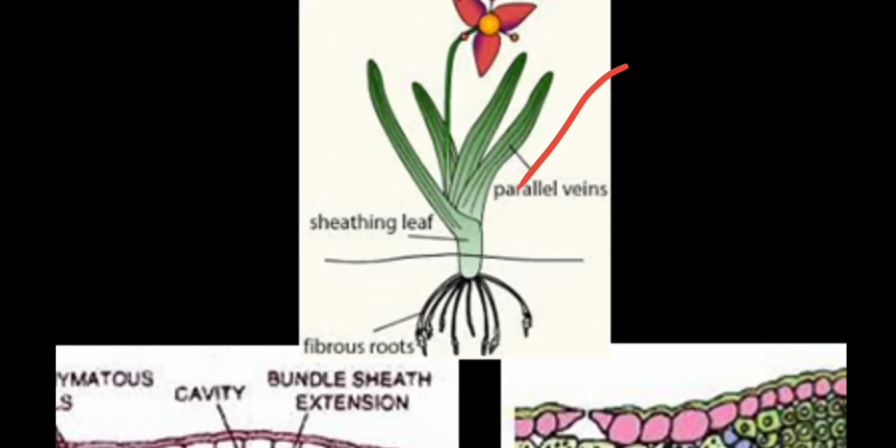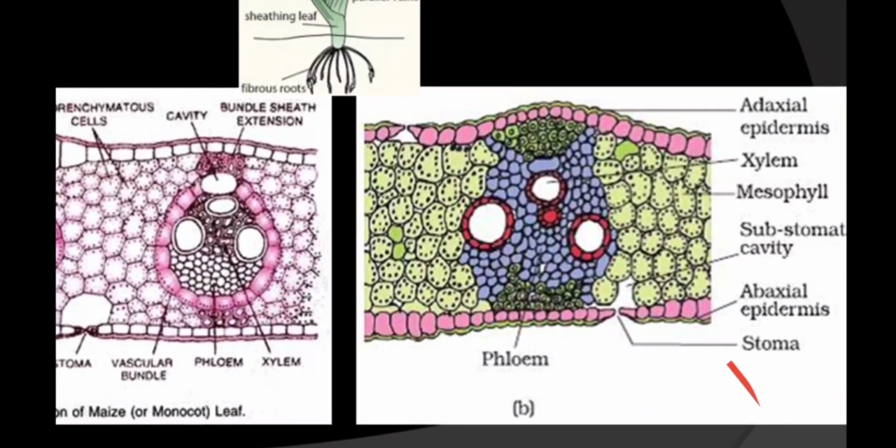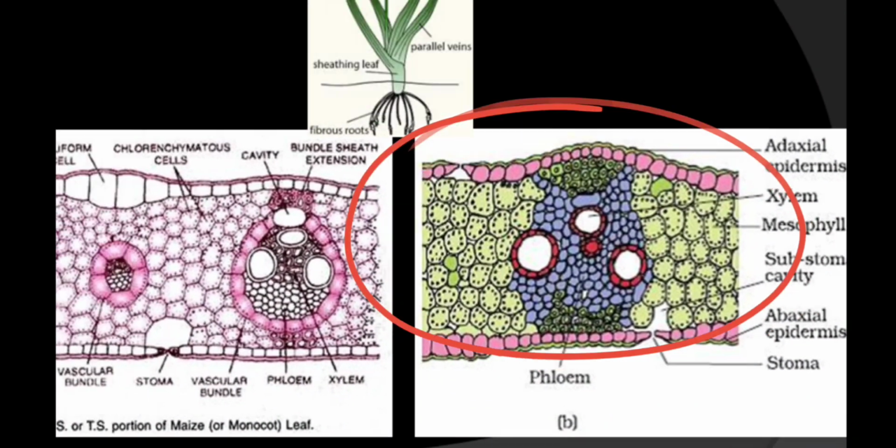So the part of the leaf which is towards the stem, suppose this part is the upper epidermis, and the part which is behind the stem is the lower epidermis. Now if you cut a section of the leaf, you will see such an arrangement of cells.